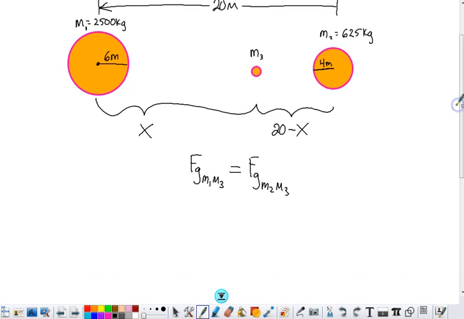Plugging into Newton's law of universal gravitation, we get G M1 M3 over the distance between the centers of M1 and M3, which we called x, squared. That's equal to G times M2 and M3 over the distance between the centers of M2 and M3 squared.